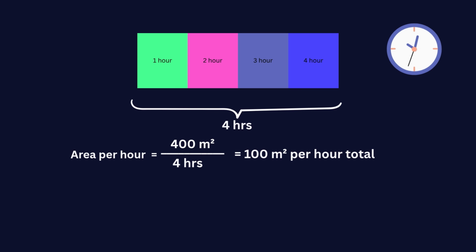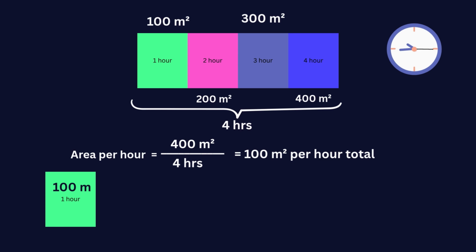That means in 1 hour, they covered 100 square meters. In 2 hours, they would cover 200 square meters. In 3 hours, they would cover 300, and in 4 hours, 400. Now we need to find the gardener rate, meaning we need to find, for each gardener with their mower, the total area that they covered.